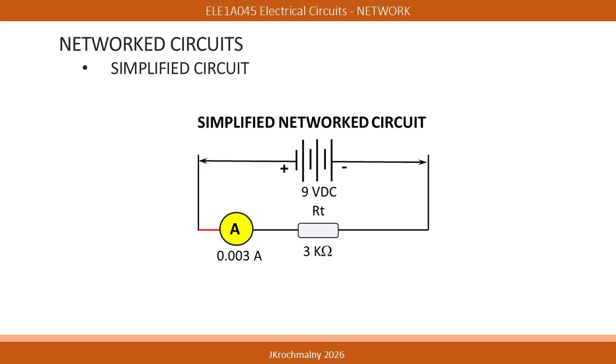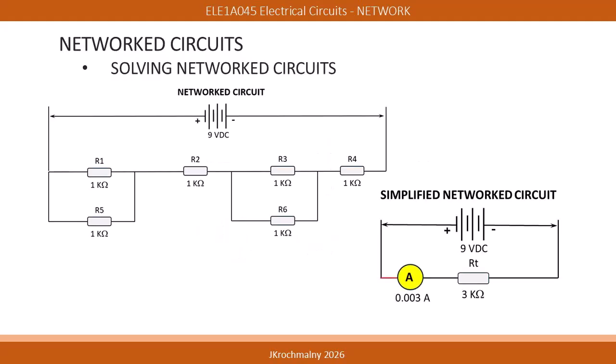Also shown, if a multimeter is configured to read resistance and it's measured across the circuit without the source of the power being applied, the multimeter will display a total resistance of 3K ohms, or 3,000 ohms of resistance. Although the process may appear complicated, it's very simple once the networked circuit simplification steps are identified and carried out.